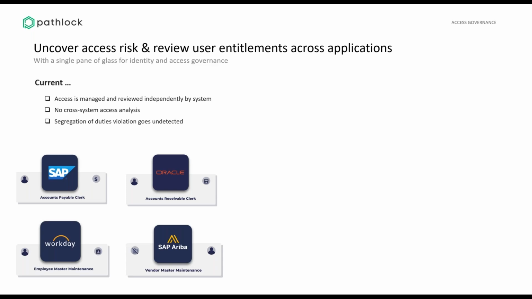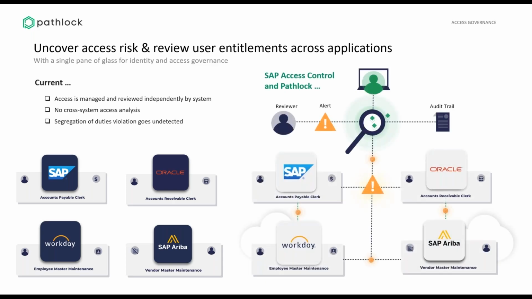Otherwise, a lot of organizations today are in a spot where the access management and risk reviews are being done all independently in different systems. So there's no visibility at all into cross-application risk. SOD risks, for example, go undetected because everything is siloed and maybe even managed by different teams. So with SAP Access Control and Pathlock, we can solve these challenges to have that single pane of glass, produce accurate, fine-grained risk results, and extend the other capabilities that we've talked about today.